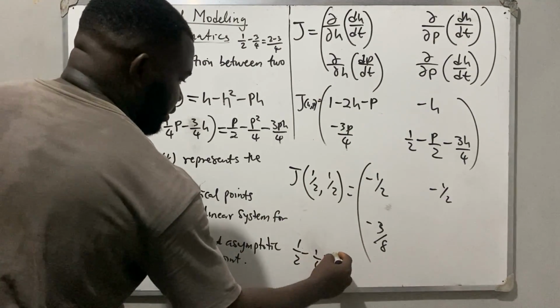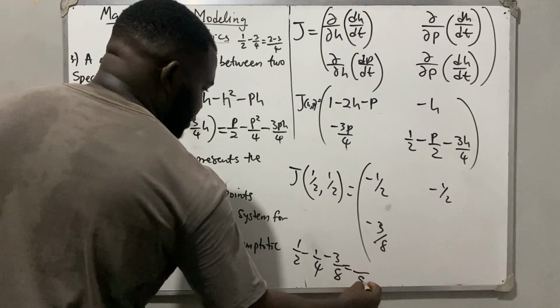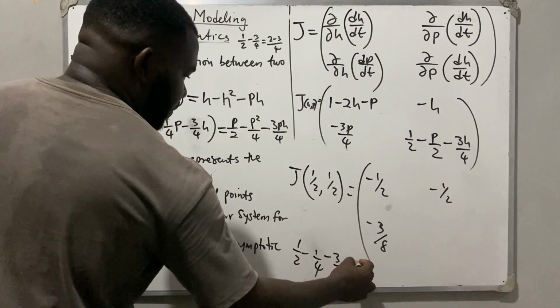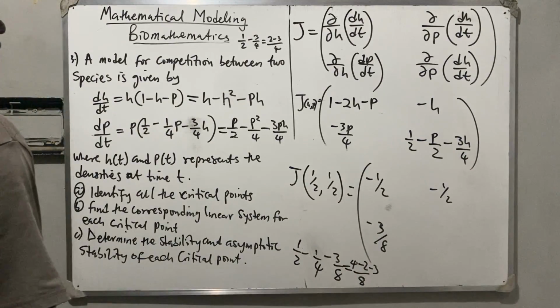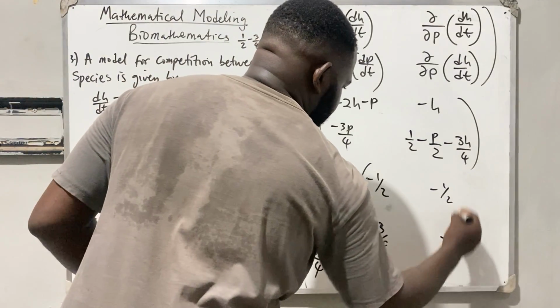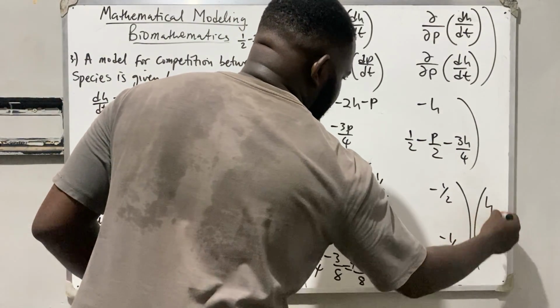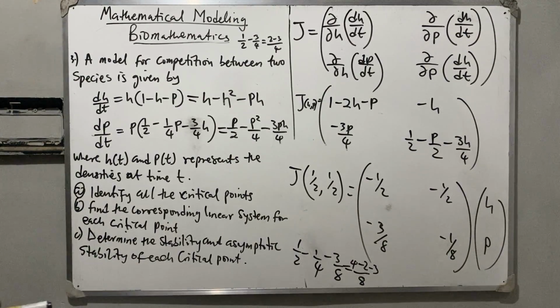Half will give us 3 over 8 here. So the LCM here is 8. So I'm having 4 minus 2 minus 3, which will give you minus 1 over 8. So the linear system is just to put H and P here. So that is that for question number 2.